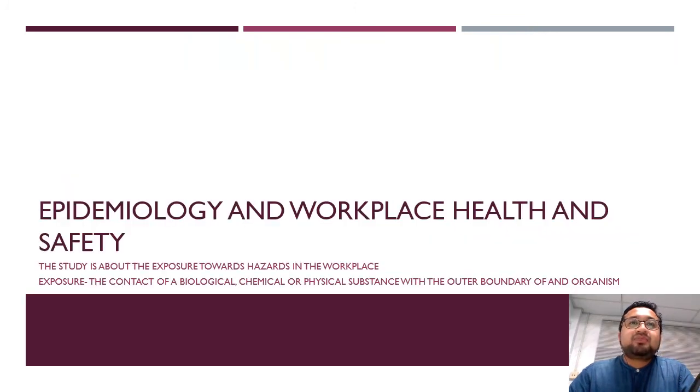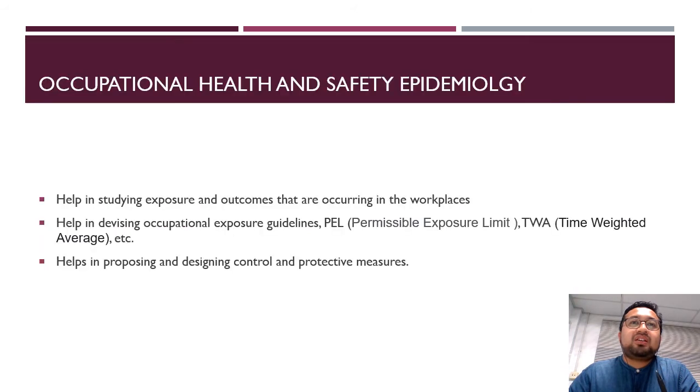Epidemiology and workplace health and safety. Here we go deeper into occupational groups of people. So this subfield is occupational health and safety epidemiology. Epidemiology is broader, a study of groups of people, for example, but here we want more detail, occupational only. It studies exposures and outcomes occurring in the workplace.